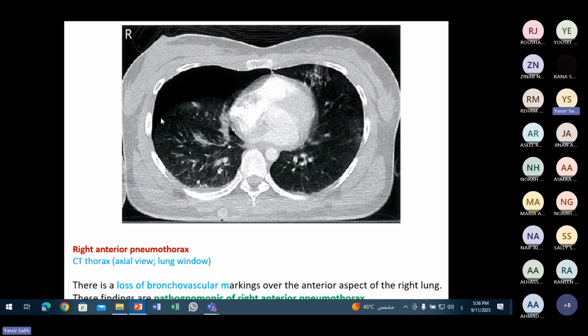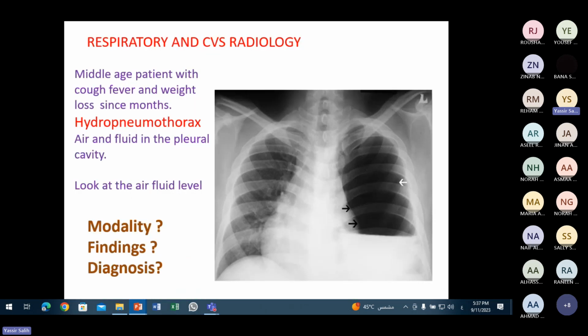Now this is the visceral pleura against the lung, and the parietal pleura against the chest wall, and the air accumulated in this pleural cavity. So this is a right-sided anterior pneumothorax. Notice here there is no lung marking, but here you can see the blood vessels and the lung parenchyma. So this is a pneumothorax.